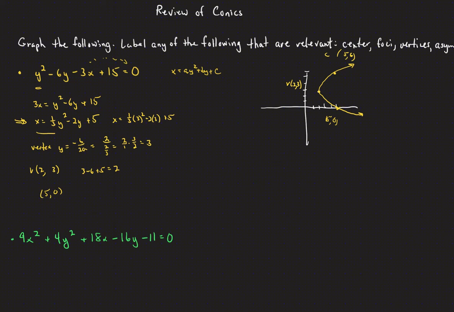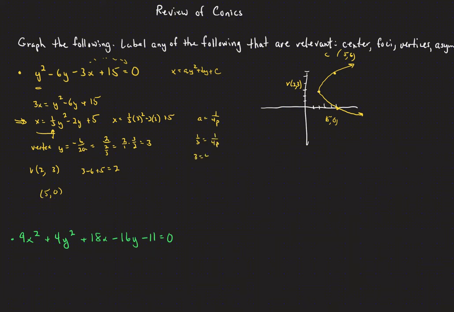Now we have to find the focus, and we know that a is equal to 1 over 4p, where p is our distance from the vertex to the focus. Our a is 1/3, so we have 1/3 is 1 over 4p.